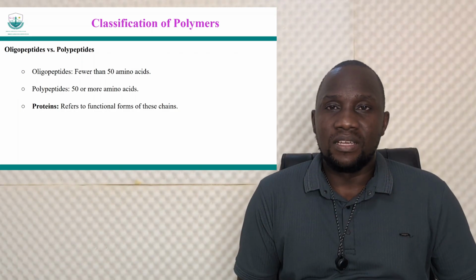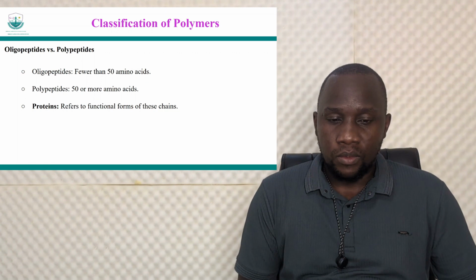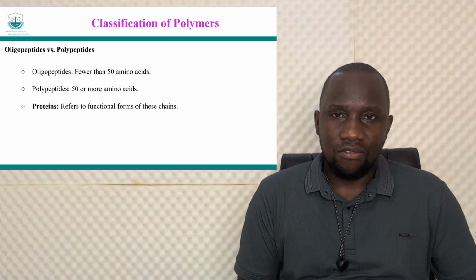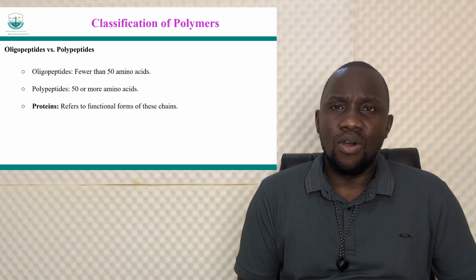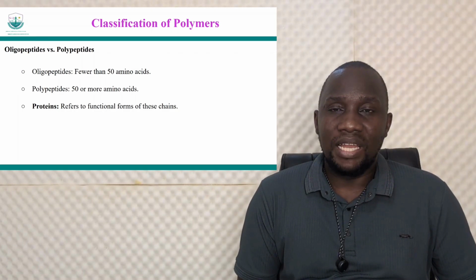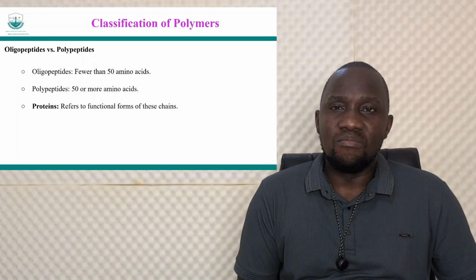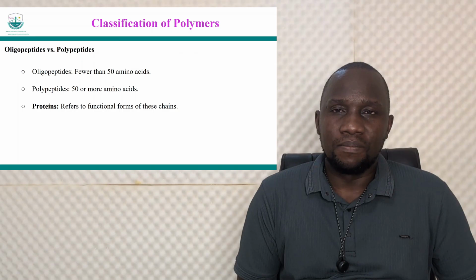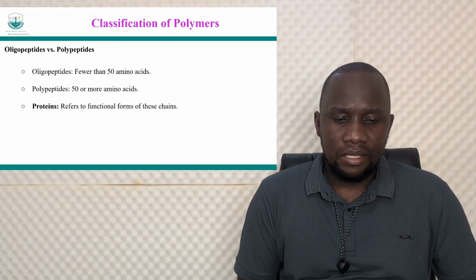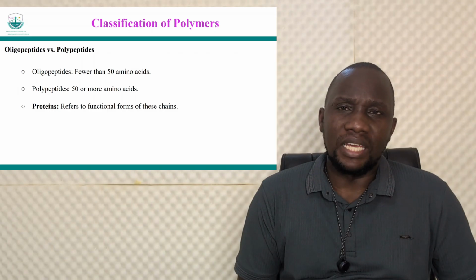If we have just a few amino acids, that's a peptide. If you have a very long amino acid chain, 50 and more, that is a polypeptide. If you have fewer than 50, that is an oligopeptide.